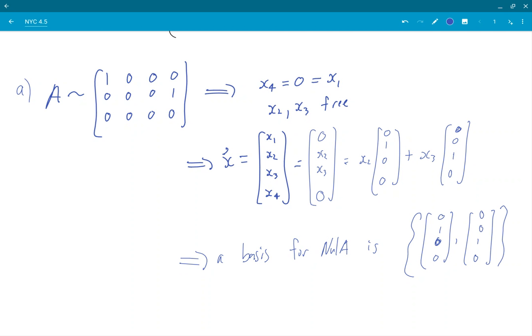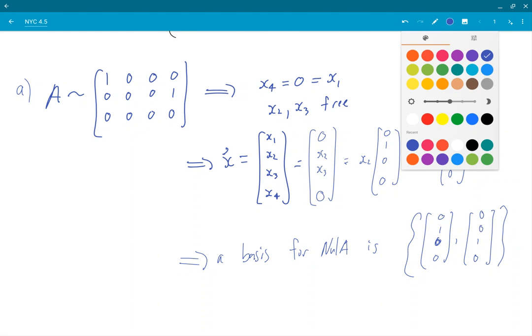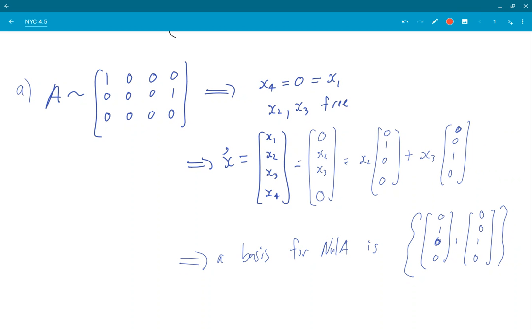As I said before, as long as you reduce to reduced echelon form up here, then this will always be the basis for Null A. The only confusing or difficult thing to see maybe is why these vectors are always independent. Well, how would you prove that?